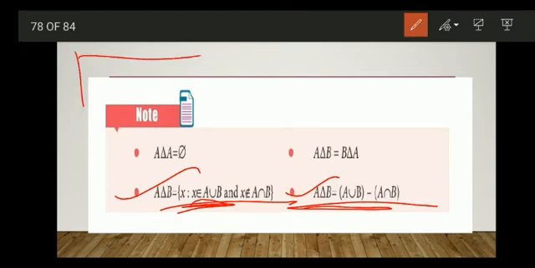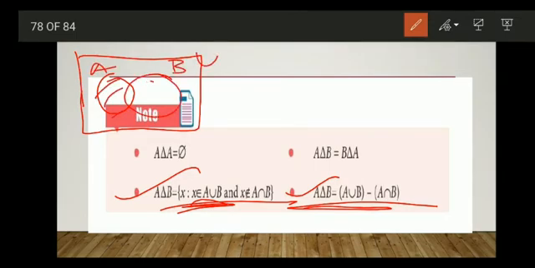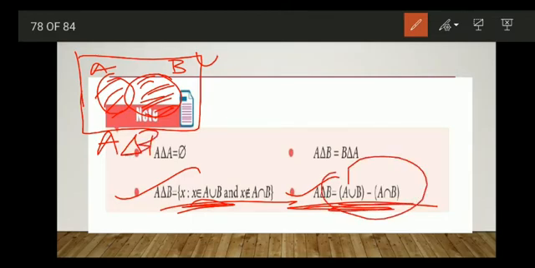So we'll use a Venn diagram to visualize this. A symmetric difference B will be A union B, but the common portions are not shaded. So this is A symmetric difference B. We will draw a Venn diagram of this one, A union B and A intersection B, and find that difference.